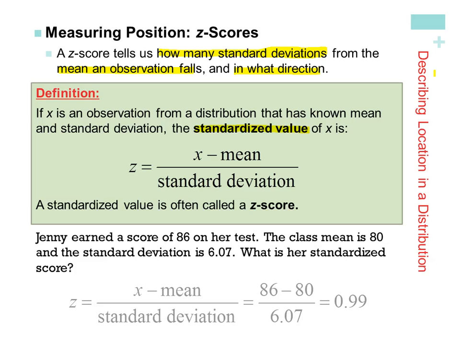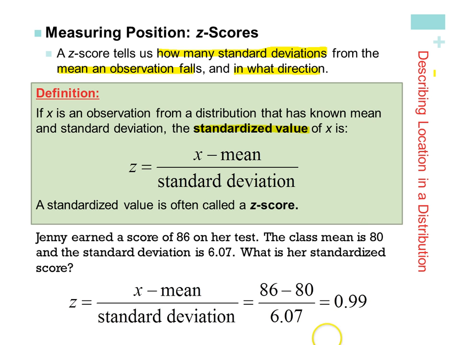We talked about yesterday, the way we find out her standardized test score is we take her score, find out how far from the mean it is, so subtract the mean, and then find out how many standard deviations away. So we divide that by the standard deviation, 6.07. So she is almost a full standard deviation above the mean.